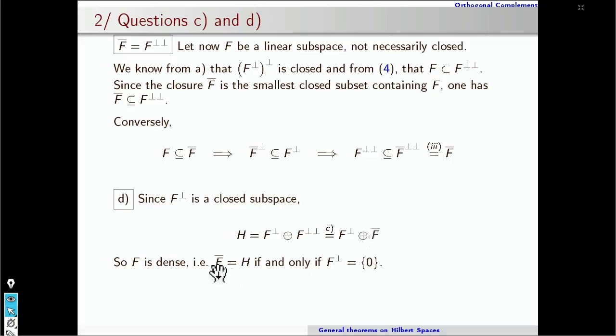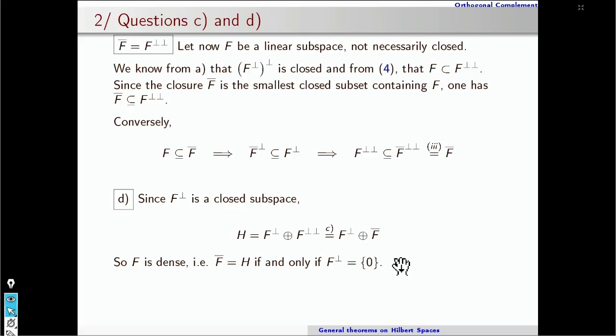Now, if F is dense, so the closure is equal to the whole Hilbert space, then the intersection is equal to F orthogonal itself, because everything is included in H, and it is reduced to 0 because they are in direct sum. Conversely, if F orthogonal is reduced to 0, then every element has trivial component in F orthogonal.